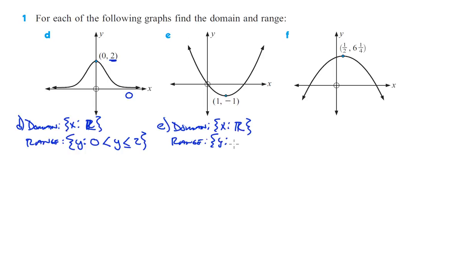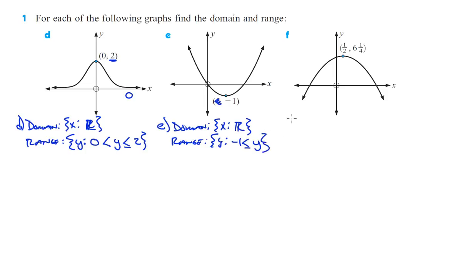My lowest point is -1. I'm not concerned about the x because that's just the domain. So my range starts at -1 and gets forever and ever bigger than that. So my y is greater than -1, and it actually hits -1, so it's greater than or equal to -1.